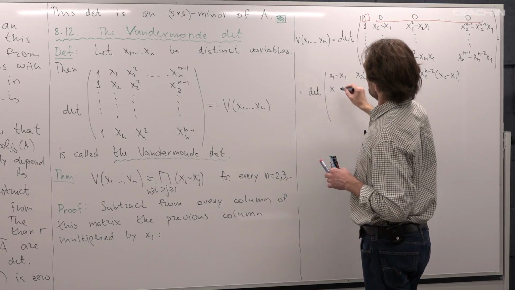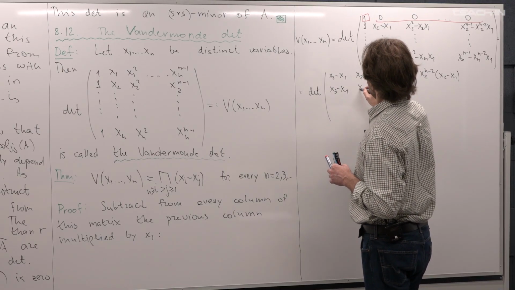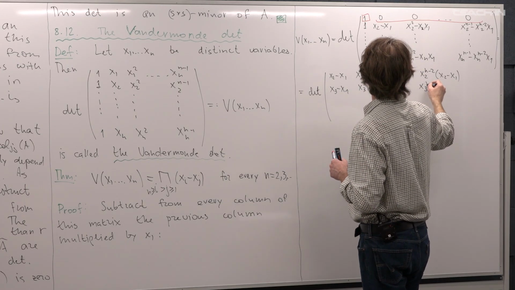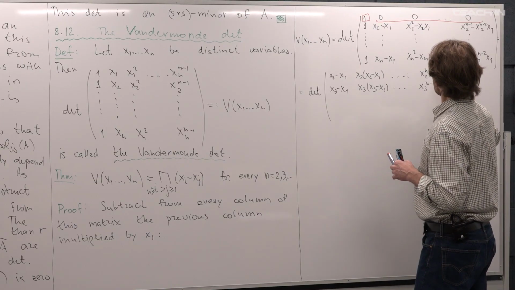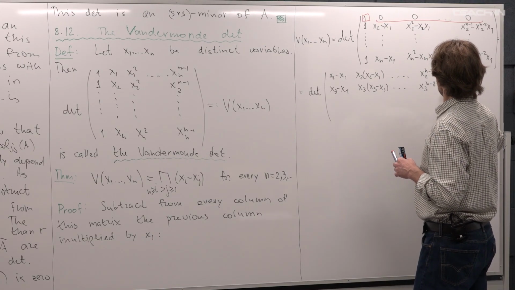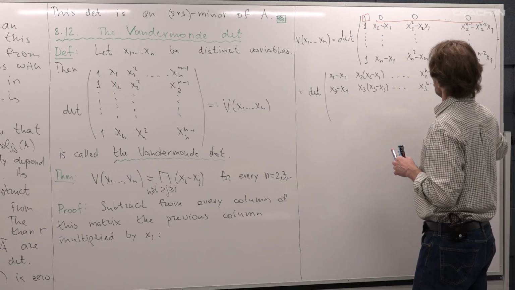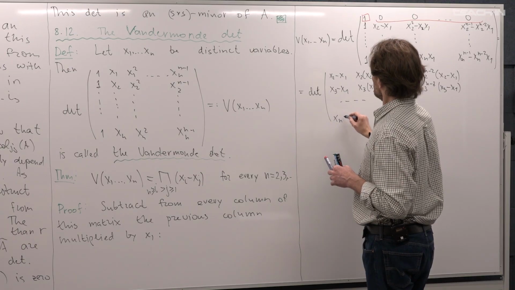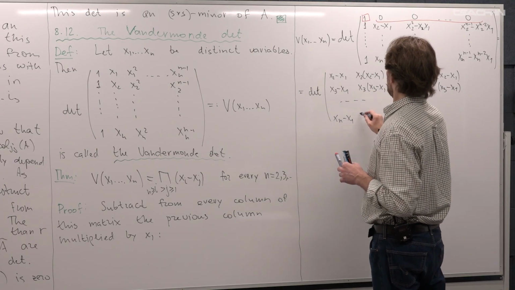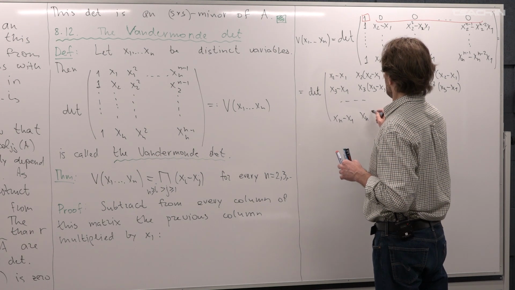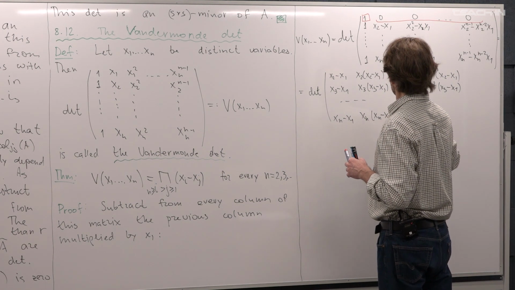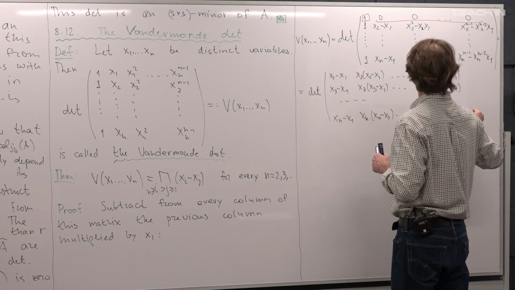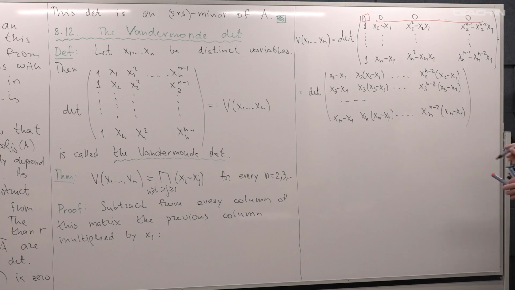So the next row will have the form x3 minus x1, x3 by x3 minus x1, and so on, x3 to the n minus 2 multiplied by x3 minus x1. And so all the rows will have the same structure. Here we're going to have xn minus x1, then xn multiplied by xn minus x1, and so on, xn to the n minus 2 multiplied by xn minus x1. So this is the determinant we get.